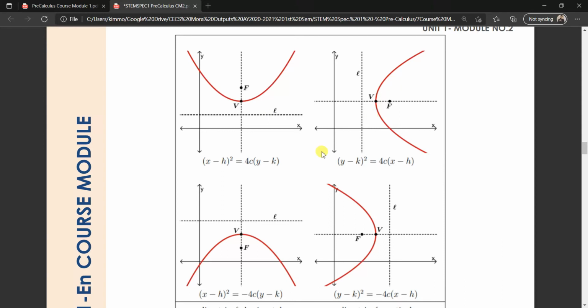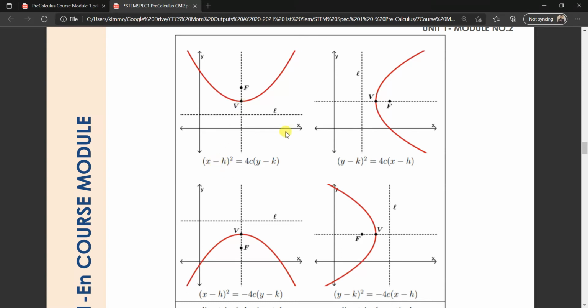So these are the four cases that I mentioned earlier. There are four possible forms of the parabola. First is similar to our part 1 discussion, but our vertex is not located at the origin anymore.